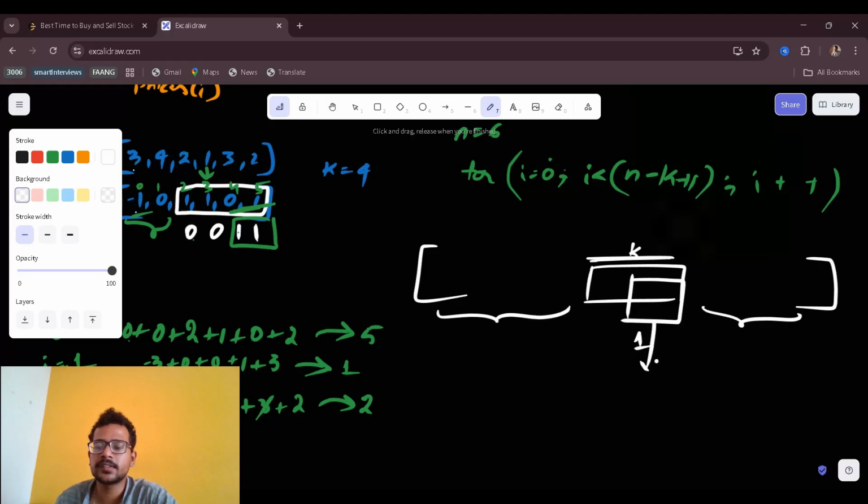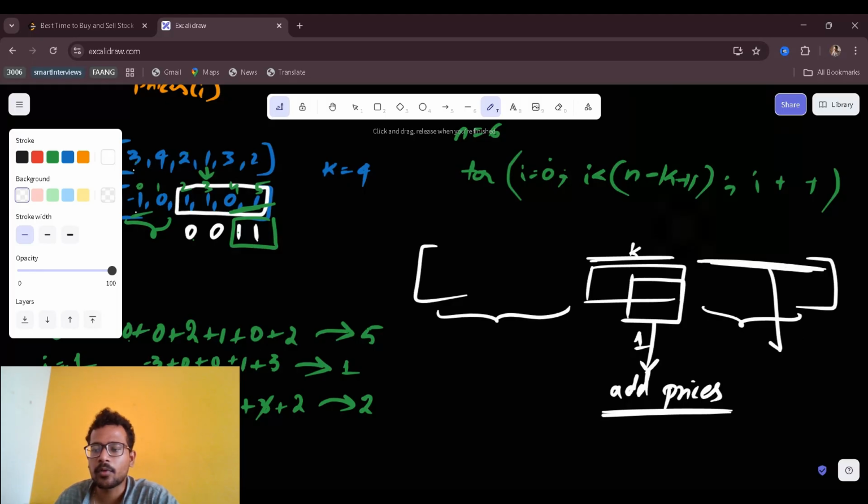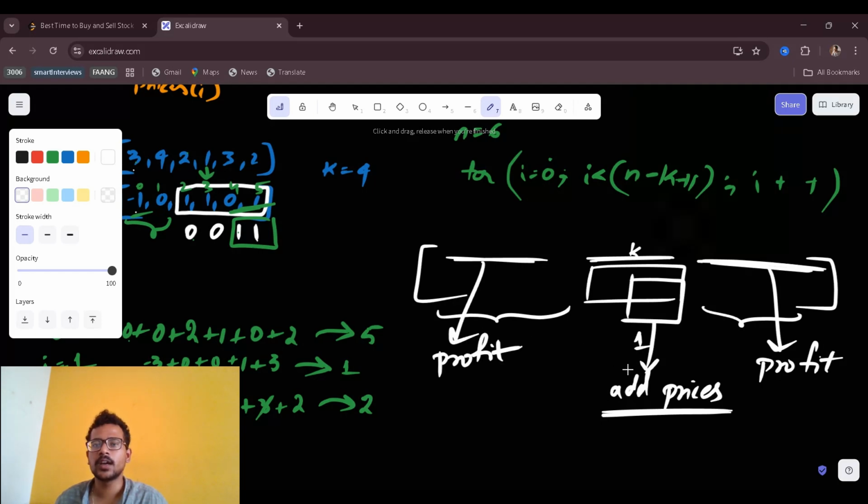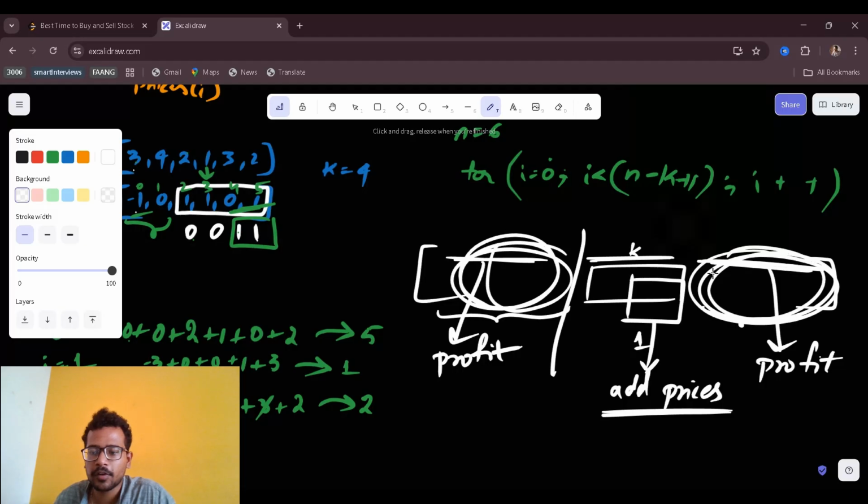So for this I just add prices, right? If I just add prices, now I need this profit. Now, what if I just know that I got the profit from here, and I get the ones from here?